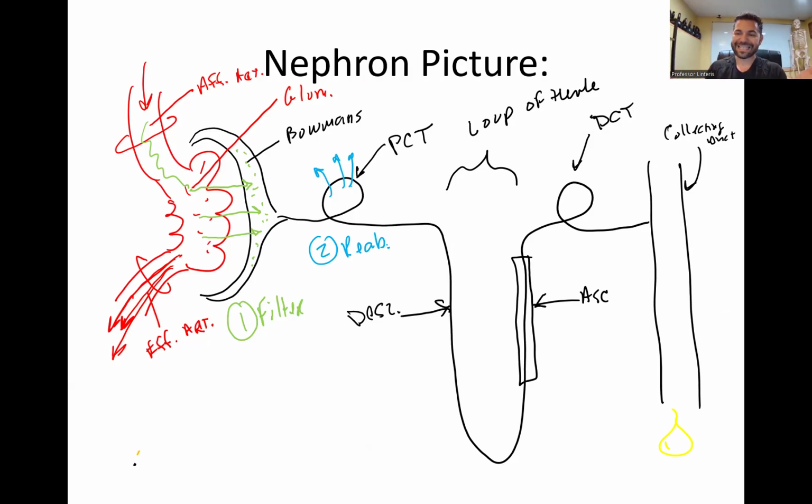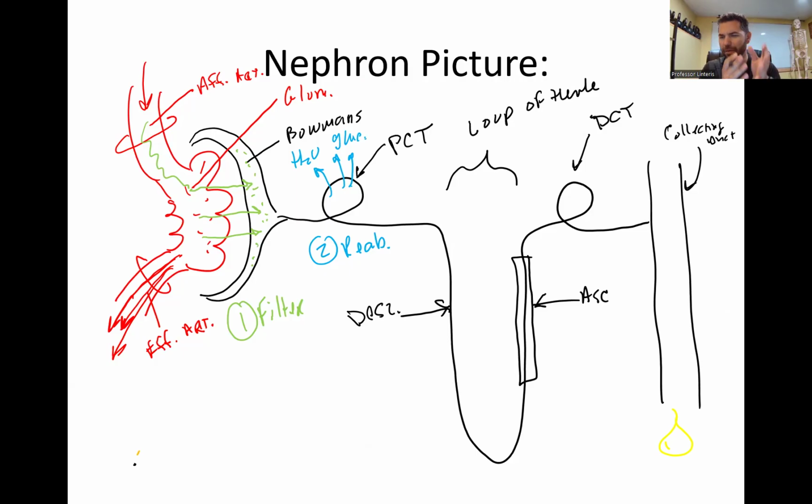A lot of things get sucked back into the body. There are blood vessels that cover these structures, and as everything gets reabsorbed, for example, a lot of water, glucose, things like that, we pull it back into the body.